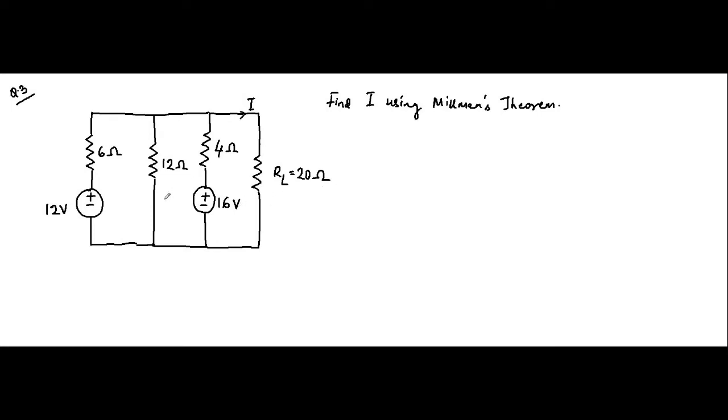So how will we deal with this? We'll be using Millman's theorem to find the Thevenin equivalent circuit. Excluding the 20 ohm resistance, the Thevenin equivalent circuit will be like this.